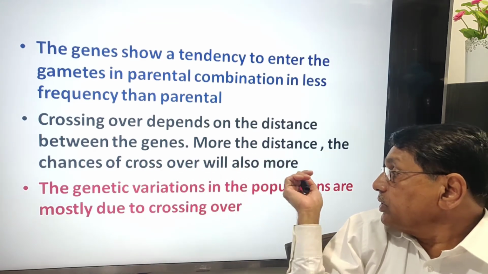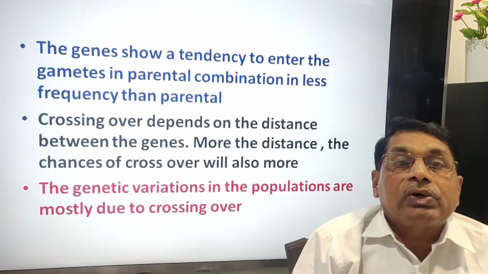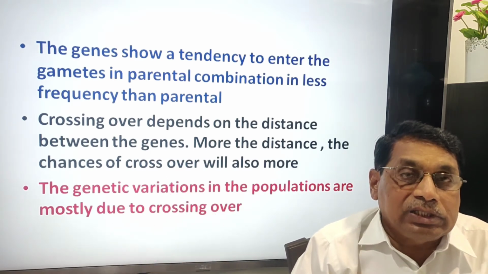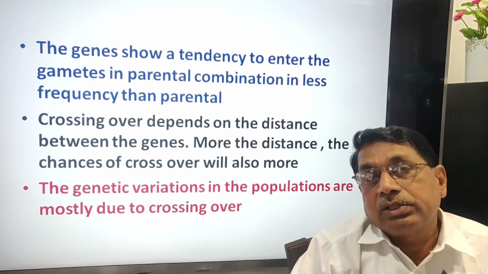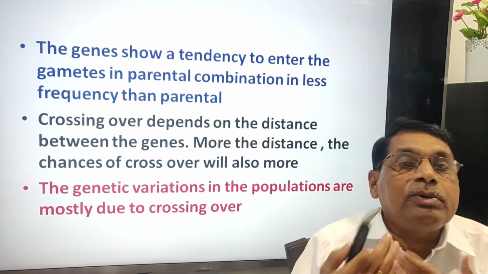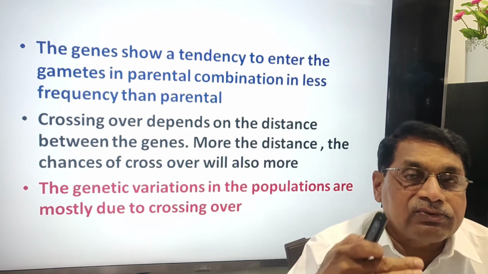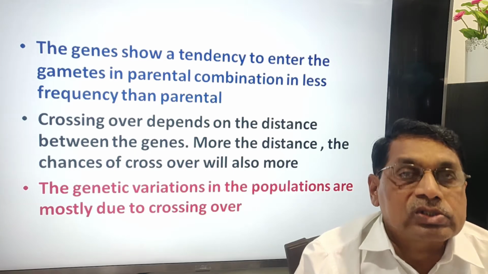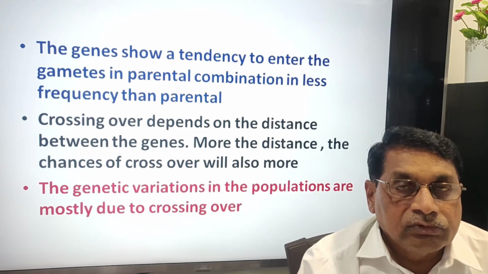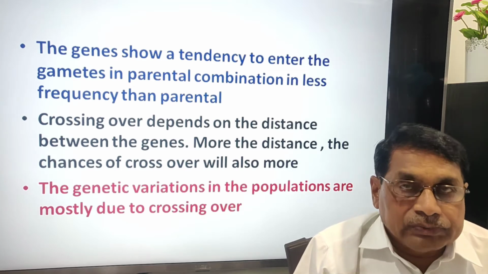Genetic variations in the populations are mostly due to crossing over. If there is linkage, the population will be similar, offspring will be similar. If there is crossing over, there will be variation. One of the reasons for the variations is crossing over. Another is mutations.